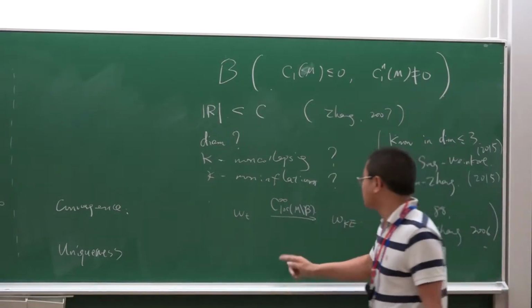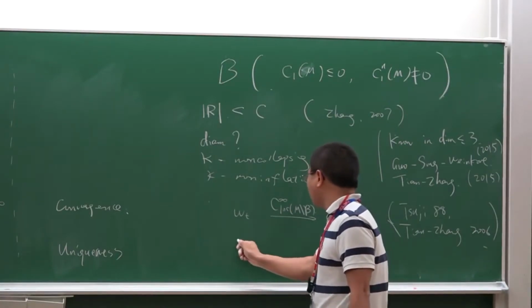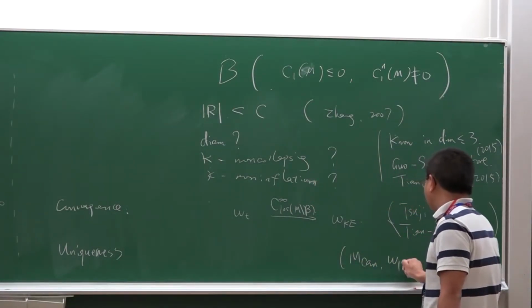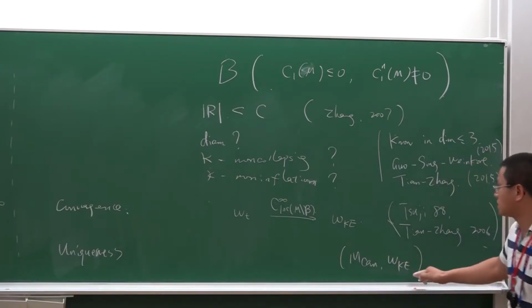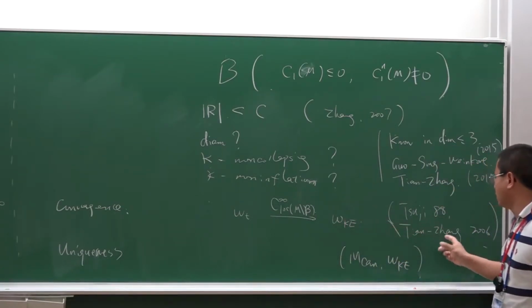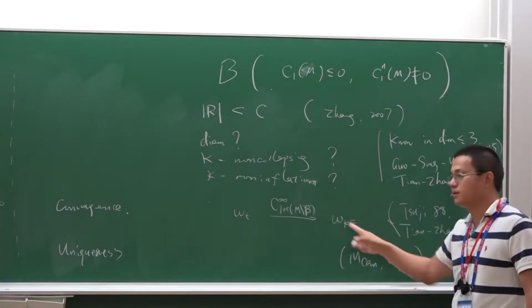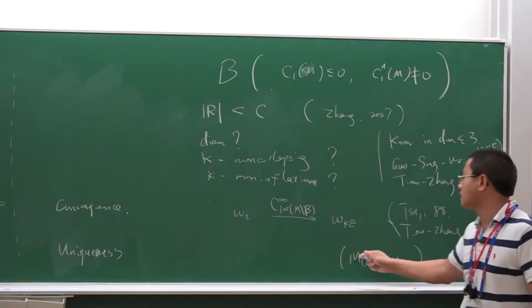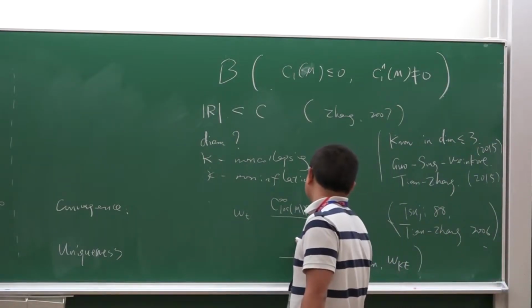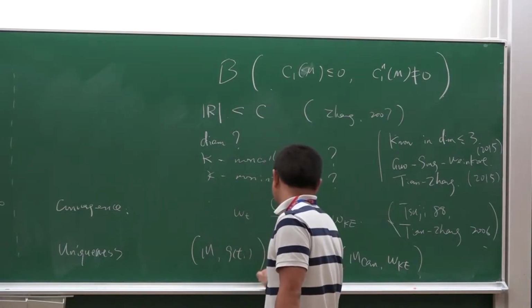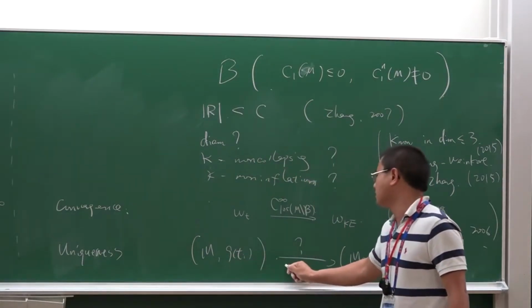And it is conjectured that this M canonical model, omega KE, so this is the metric completion of the Kähler-Einstein metric on M without B. So it is conjectured that this is, so Gromov-Hausdorff.